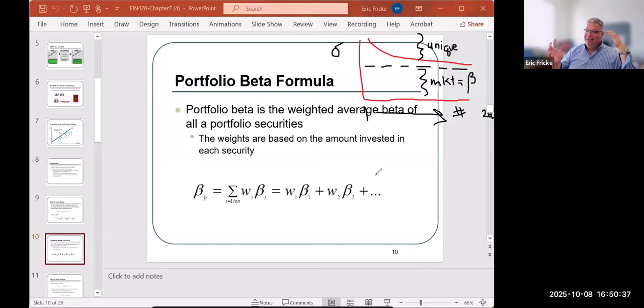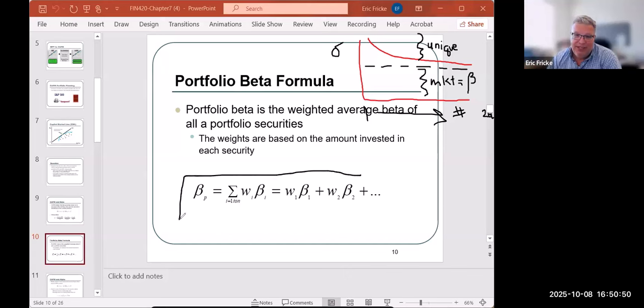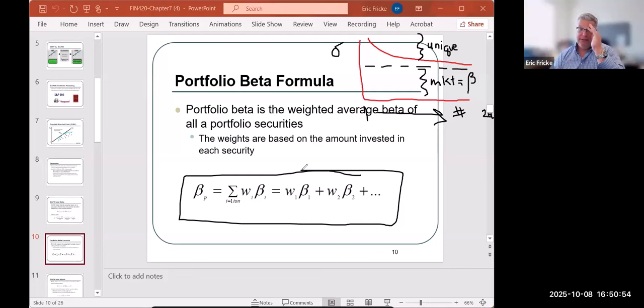But guess what? We can build different big diversified portfolios, and so sometimes we want to know, what's the beta of this portfolio versus the beta of that portfolio? This is the equation we use to calculate beta for a portfolio, or market risk for a portfolio. It's just the weighted average of all the betas in our portfolio.